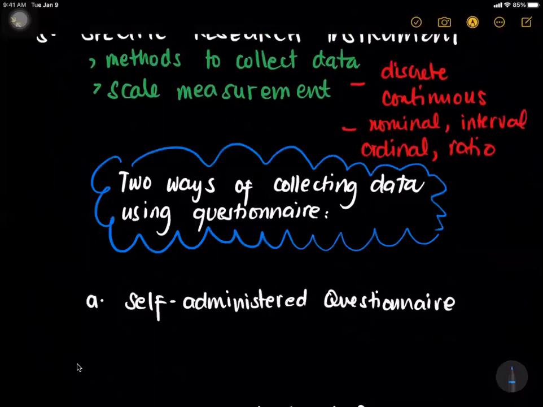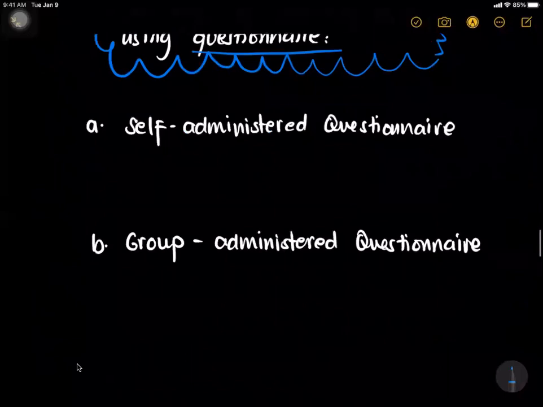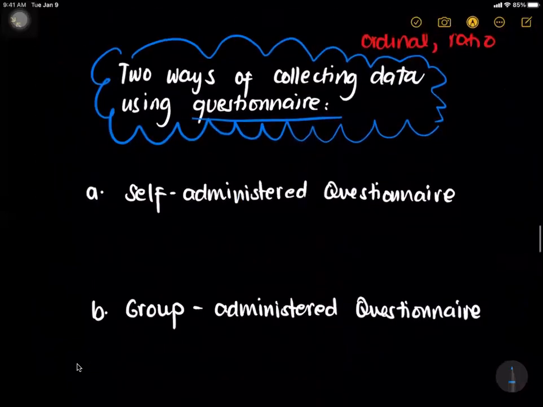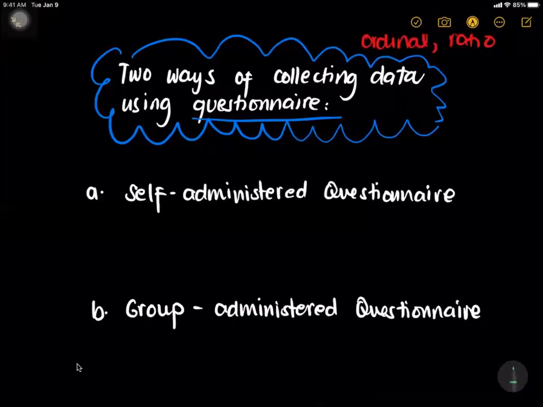All right, so there are two ways of collecting data using a questionnaire. If your data collection is about a questionnaire, you can either do a self-administered questionnaire. From the name itself, self-administered, it's where the researcher requires the individual respondent to answer questions without the assistance of a proctor. So the questionnaire is mailed or forwarded, with no proctor.